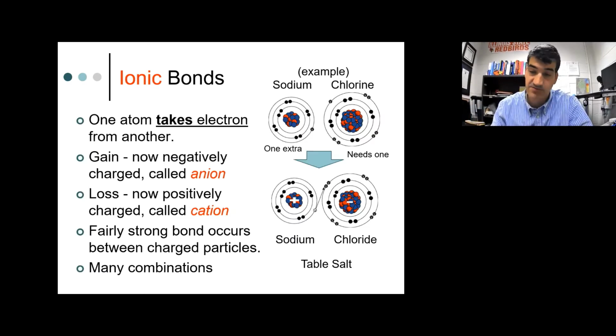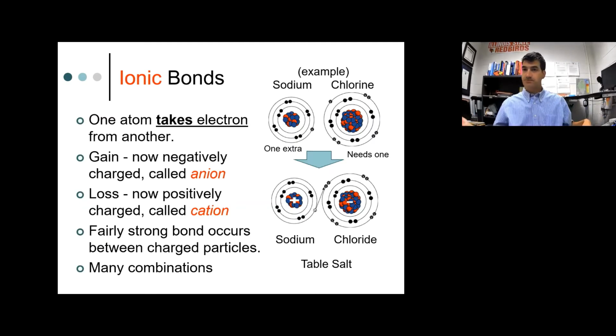A good example is fluorine. Fluorine is highly electronegative. It really wants one more electron to fill up its valence electron shell. Chlorine's another good example. Chlorine is also highly electronegative.